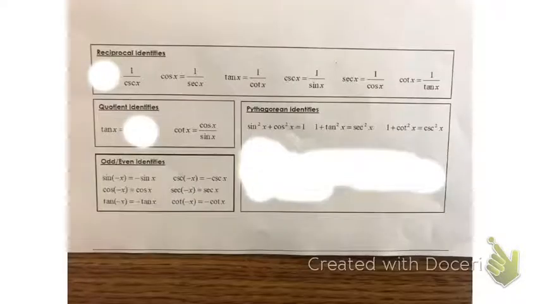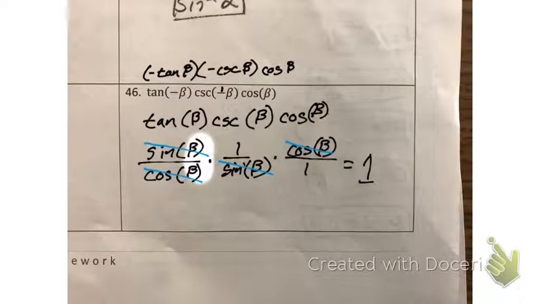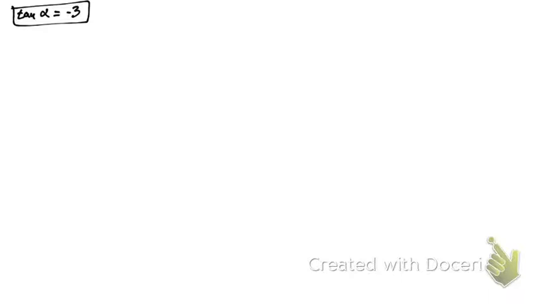Then we just go to our identity sheet, our Pythagorean identities, and look for one that has tangent in it. Well, we have 1 plus tangent squared equals secant squared. So we're just going to do secant squared alpha equals tangent squared alpha plus 1.